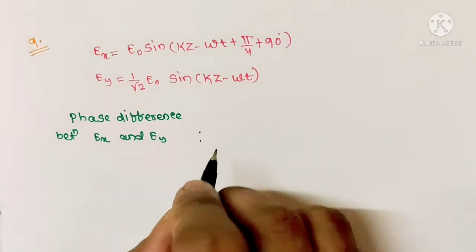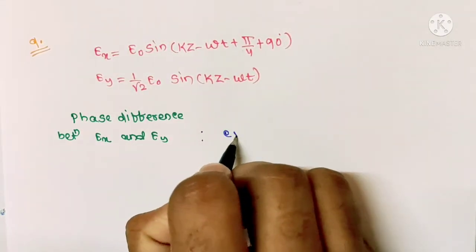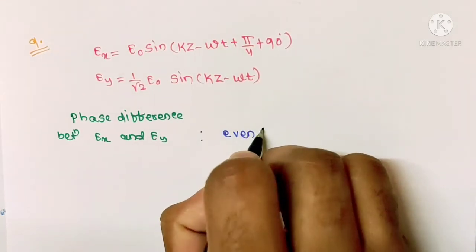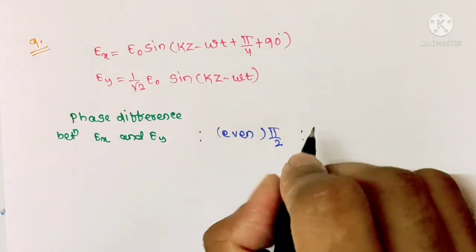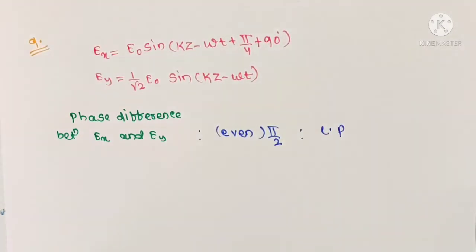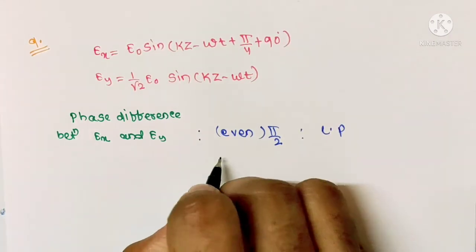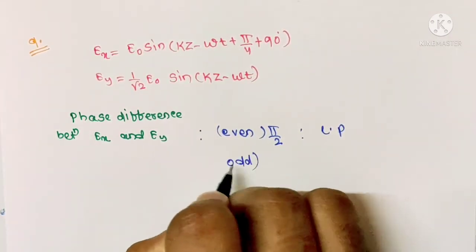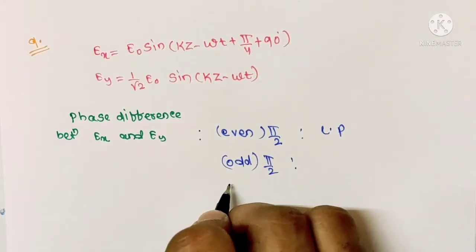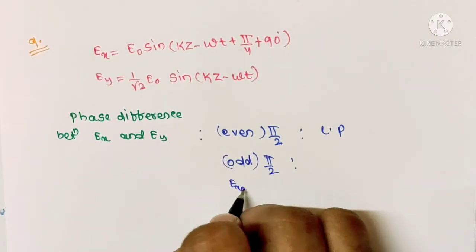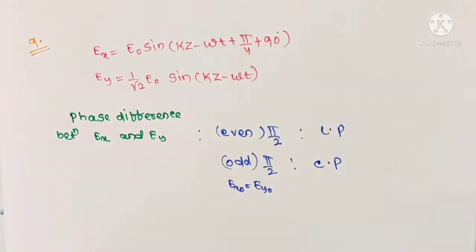If the phase difference between Ex and Ey is an even multiple of pi by 2, then the wave is linearly polarized. And if the phase difference between Ex and Ey is an odd multiple of pi by 2, and also the amplitudes are equal, then the wave will be circularly polarized.